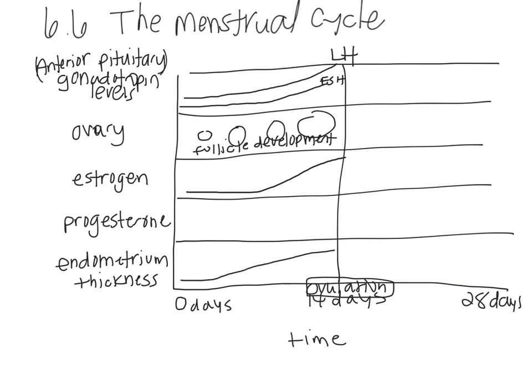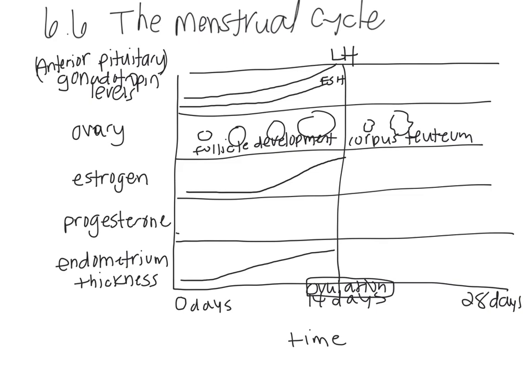When ovulation occurs, the follicle is then going to degenerate into something called a corpus luteum. And as this corpus luteum develops, it is going to trigger the release of a hormone called progesterone.